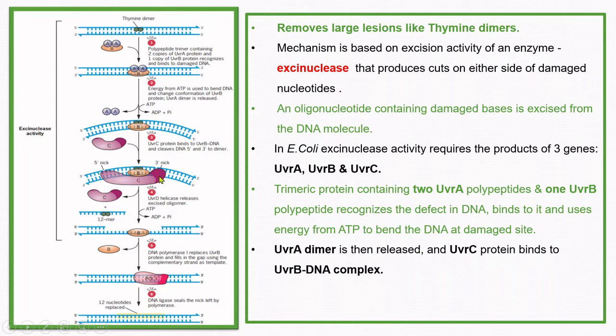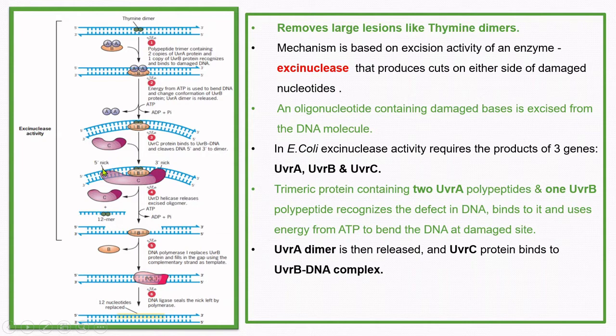UVRC protein cleaves the phosphodiester bond from the 5 prime site, and it is usually the eighth phosphodiester bond from the damaged site. So both UVRB as well as UVRC make cuts in the damaged strand. B from the 3 prime site, C from the 5 prime site.